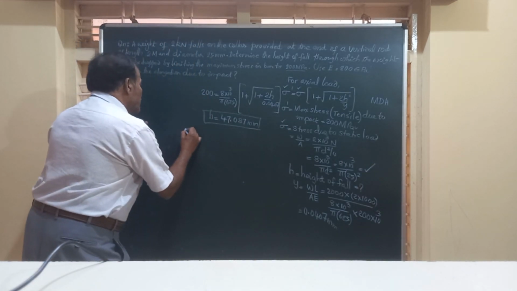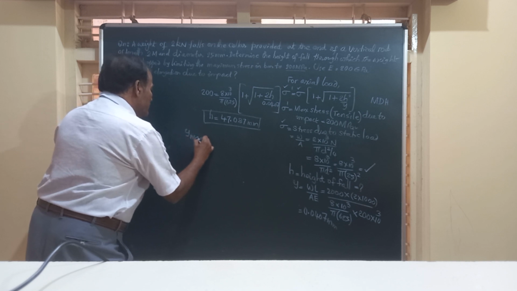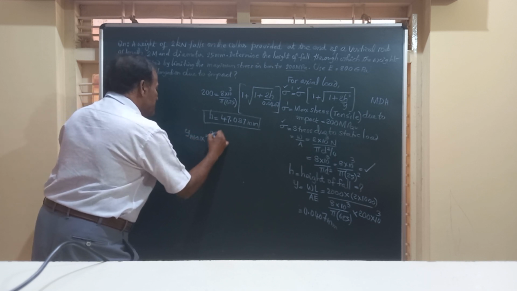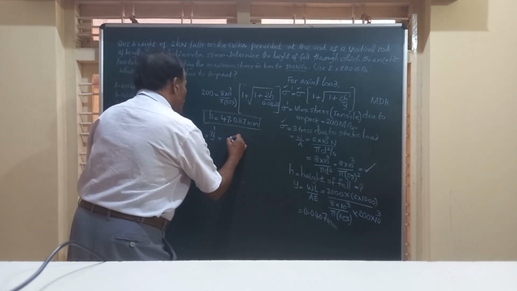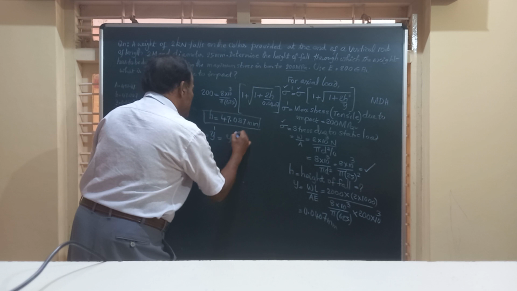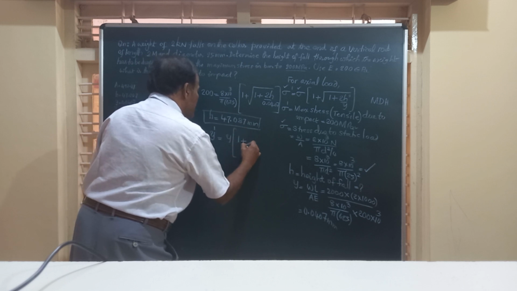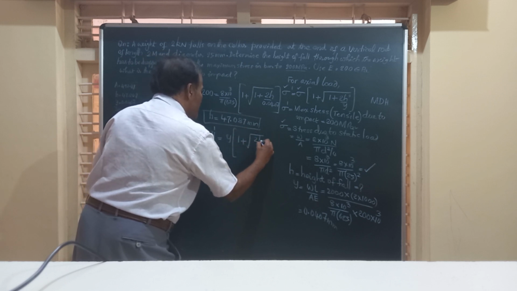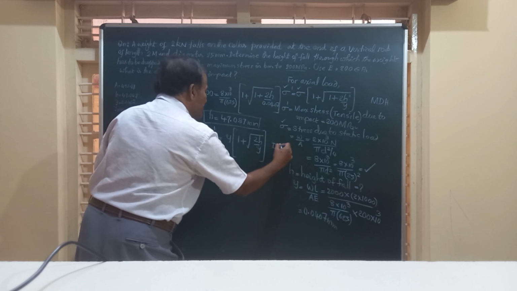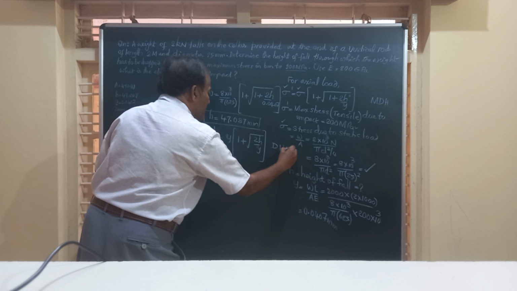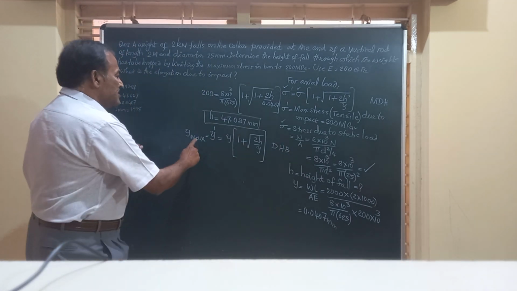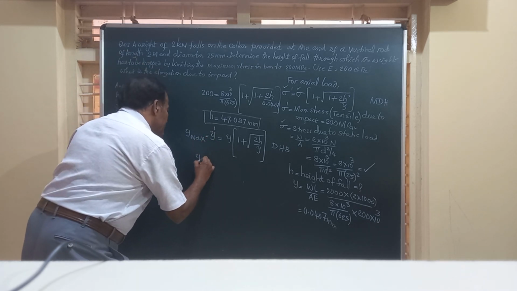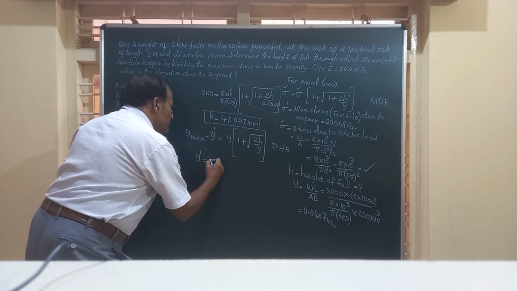So we have in the handbook y maximum or y dash, maximum deflection due to impact, is equal to y multiplied by 1 plus square root of 1 plus 2h by y. So this is available in the machine design data handbook.